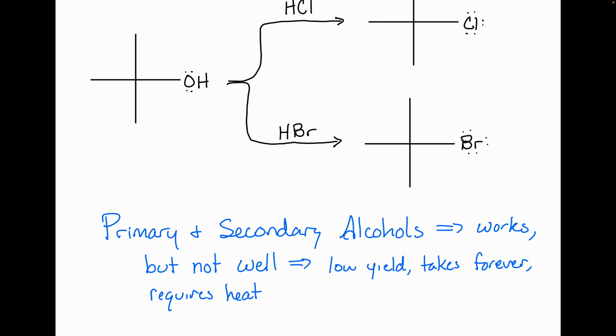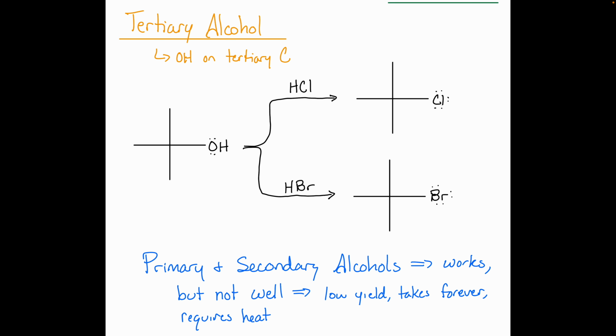And what we're going to do is we're going to learn a different, more efficient method for primary alcohols. This is going to be our method for tertiary alcohols. And for tertiary alcohols, using this method, we're going to have a reaction mechanism.